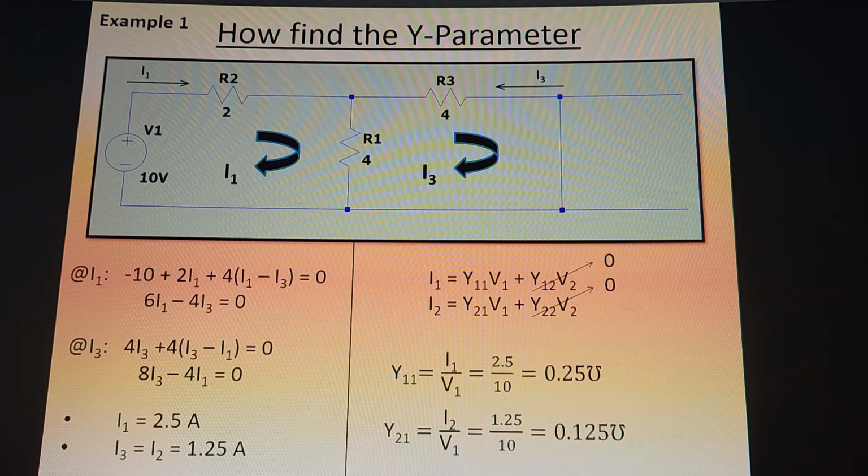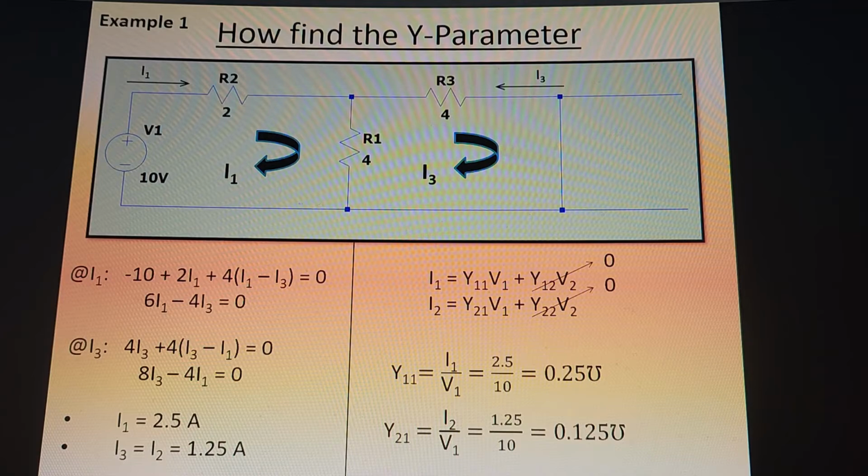So here is what was just described with the right side being shorted. The R4 is not present, and we chose a 10-volt power source to be added. And with that, basic mesh analysis was carried out, and as you can see, we did this in a clockwise fashion, just following one example, I1 here.